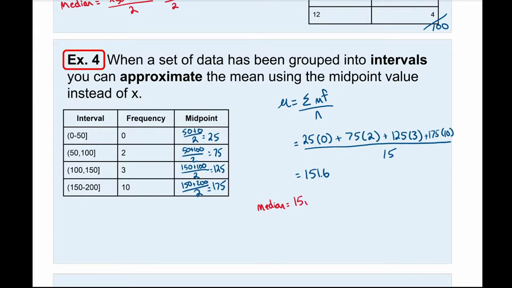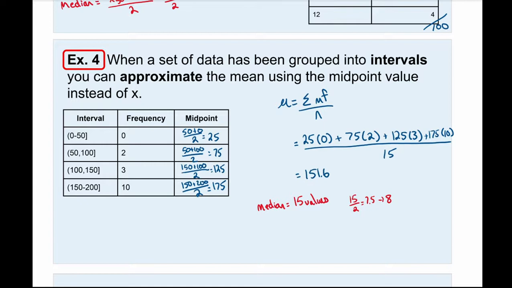Because I have 15 values, the middle value is just going to be the only one I take. So I have to figure out what is the middle value. Well, if I divide 15 by 2, I get 7.5, which I can't get an exact value for because I don't have that actual position, so I would just round that up to 8. So I'm looking for the 8th position.